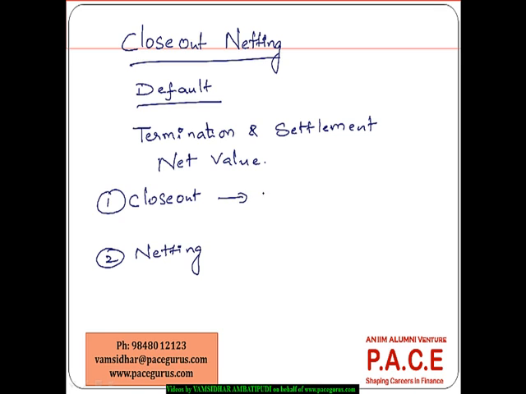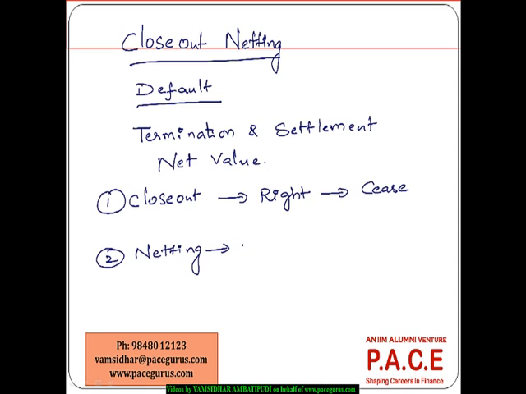Closeout is the right that I can terminate the transaction with the defaulted counterparty and I can cease any contractual payments. That is the right that I have with respect to closeout.